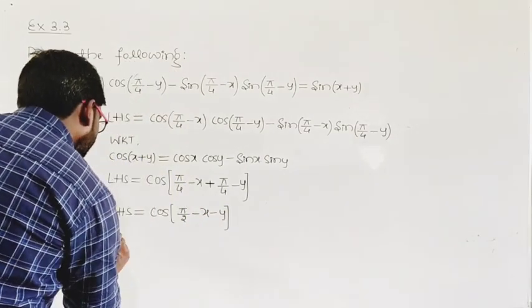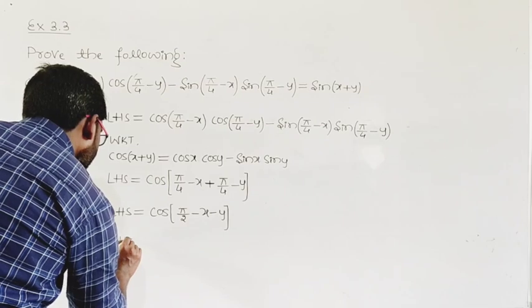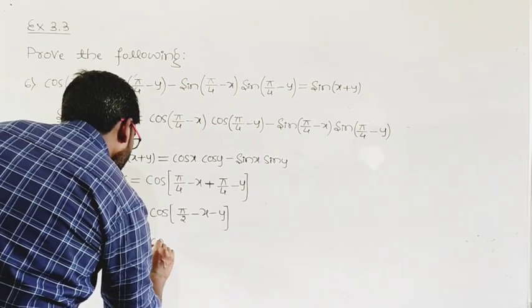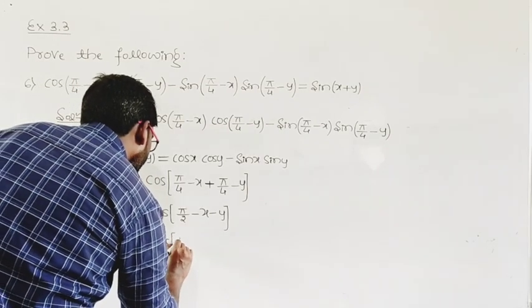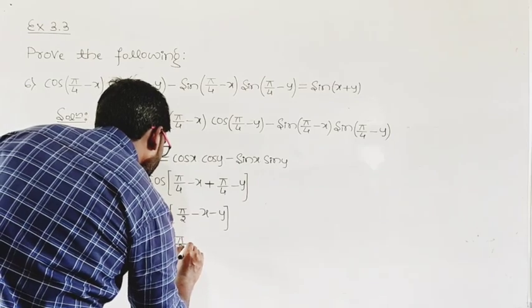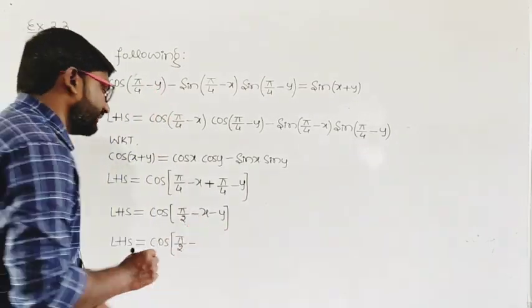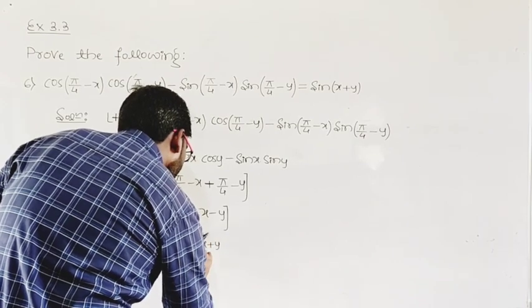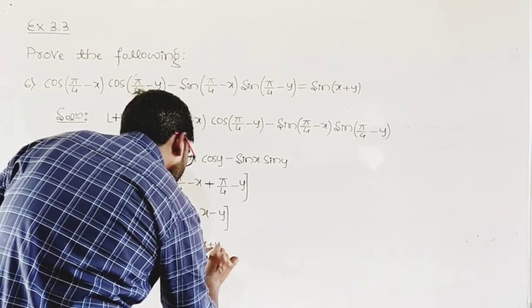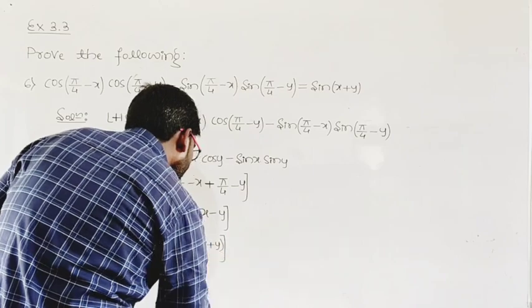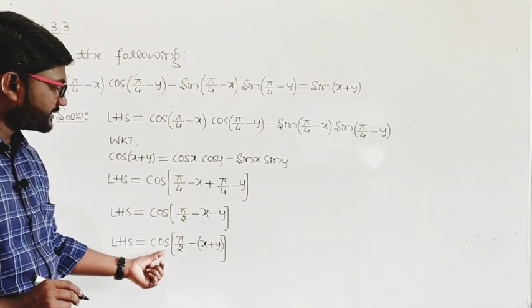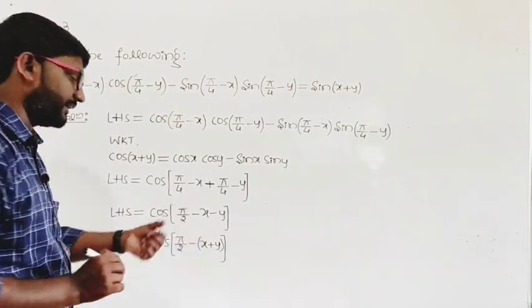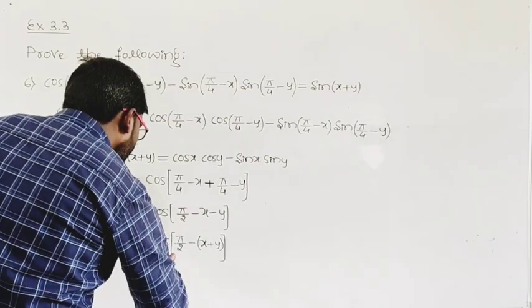Now in the next step, LHS equals cos of pi by 2. In these two terms I can take minus common, so minus x plus y. Now this is in the form of cos of 90 minus theta, where theta is going to be x plus y.